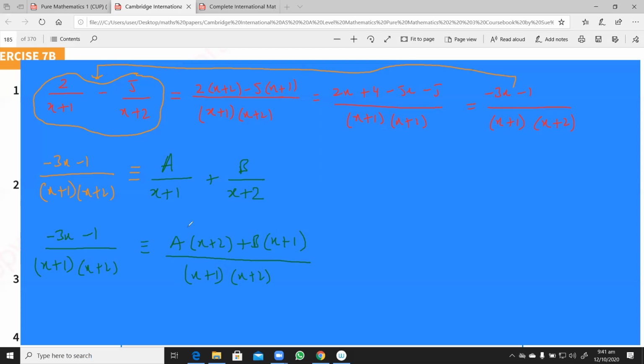Did anyone notice this sign over here? No one asked me why I am using the identity sign over here. What is an identity? Look at this, let me tell you.